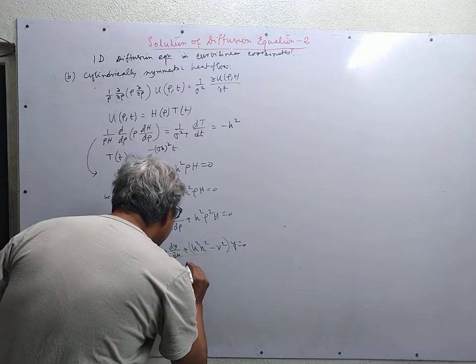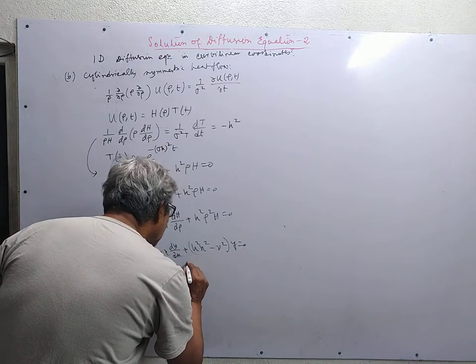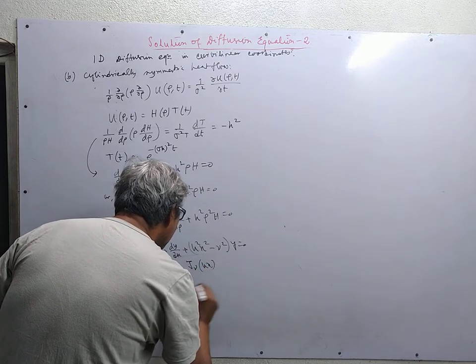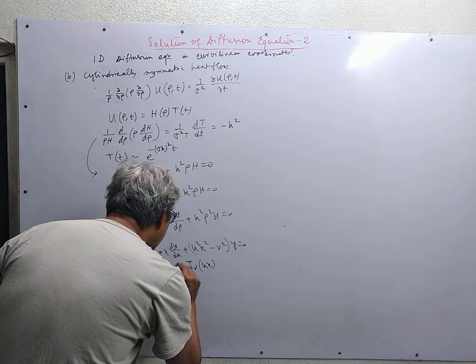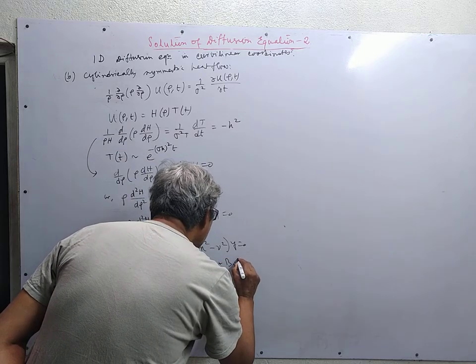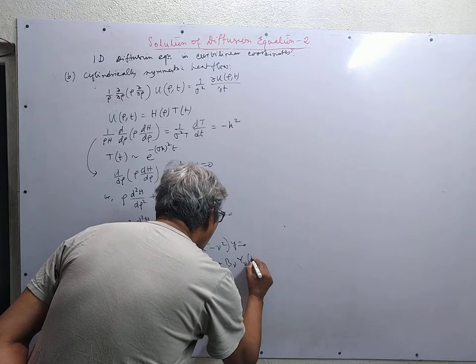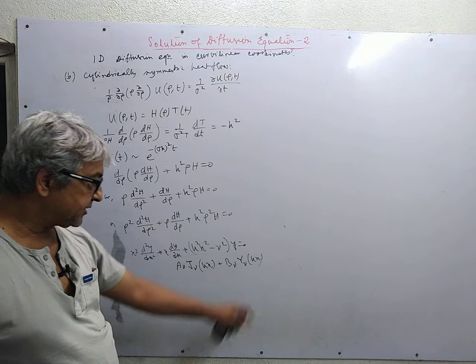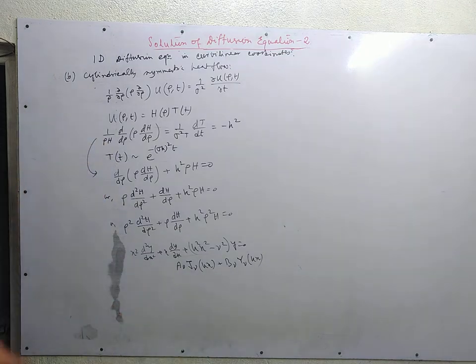The solution of this equation was J nu of kx, some constant a nu, plus b nu Y nu of kx, where these are the Bessel functions of first and second kind.